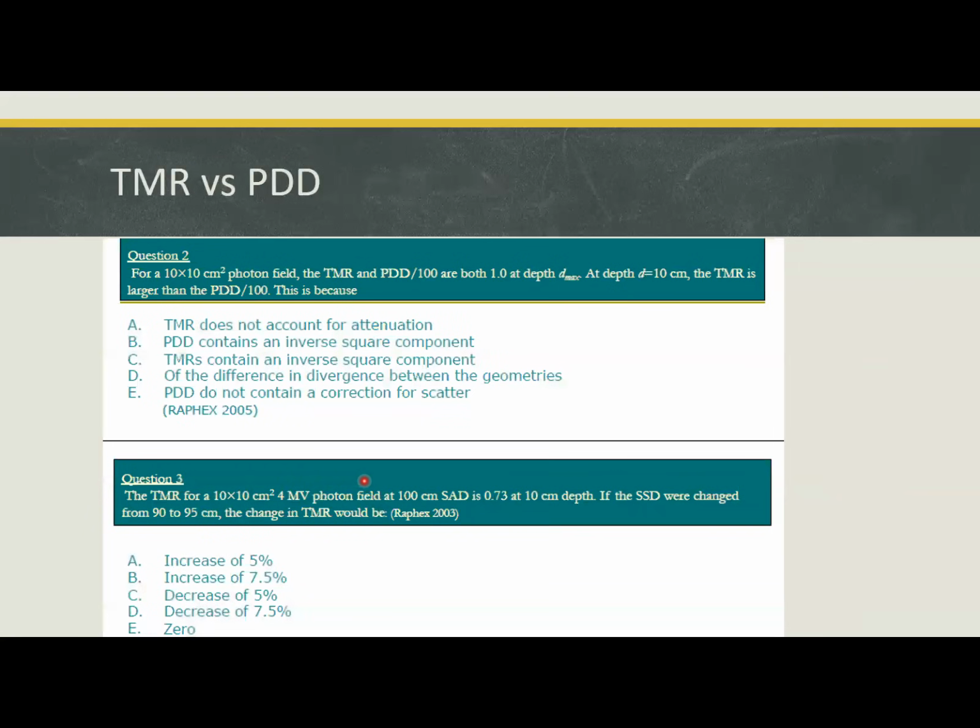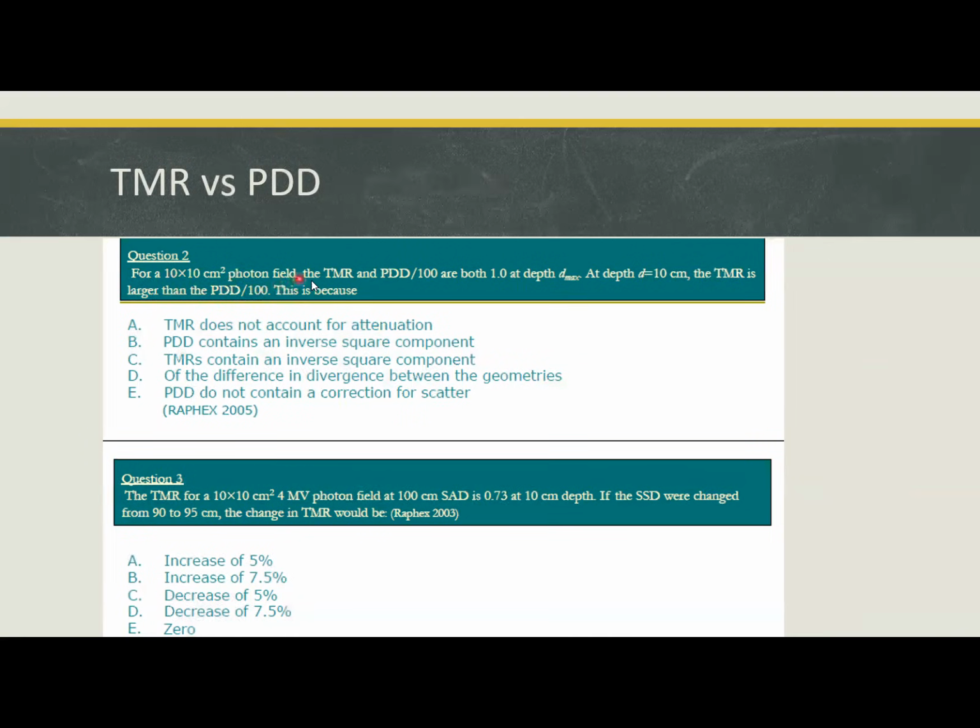So that's the question. Juggle up your mind. For a 10 MV photon field, the TMR and PDD are both 1 at the depth of Dmax. At a depth of 10 cm, the TMR is larger than the PDD.